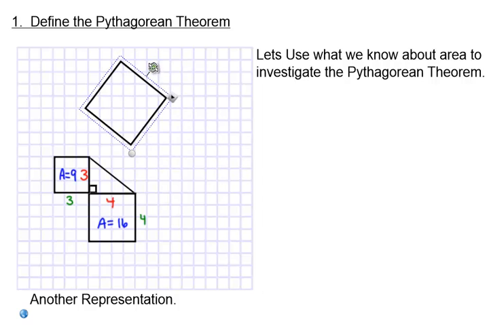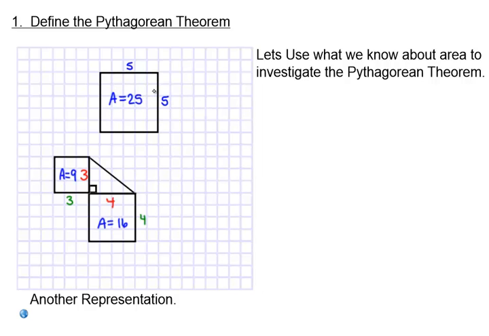I'm going to do some rotating, and move it a little bit more. And now I can use the squares to count. 1, 2, 3, 4, 5. It's a 5 by 5. Well, the area of that is 25.